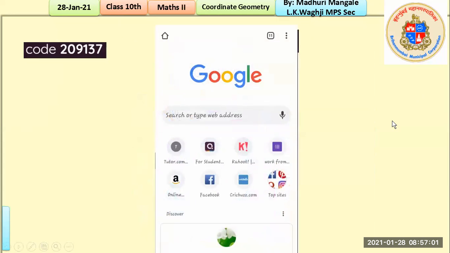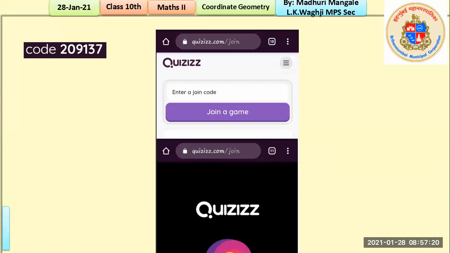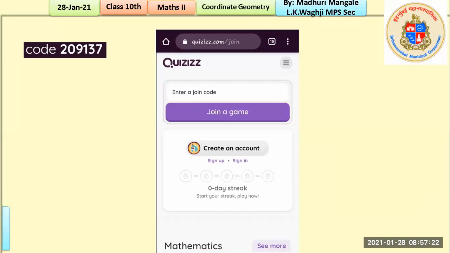So let's begin. The instructions are as follows. Go to any web browser and Google joinmyquiz.com, and you should see the link for students. Click on that. You will be redirected to the quizzes link, and then you need to enter the code. The code is right here, 209137.